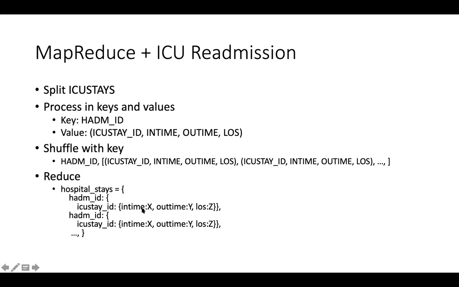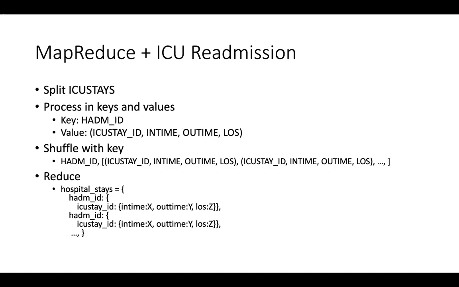But actually, we need to sort. This pair here, this 1 2, this 2 line becomes a single unit within the reduce function. So one unit and two units. We need to sort the units based on the in time, so that we can decide which becomes the positive and which becomes the negative samples.